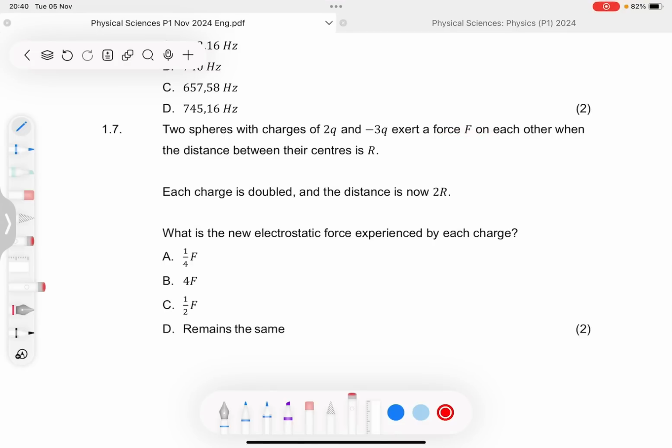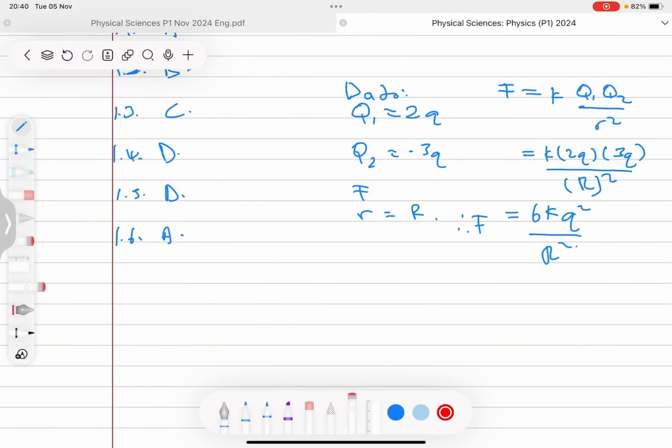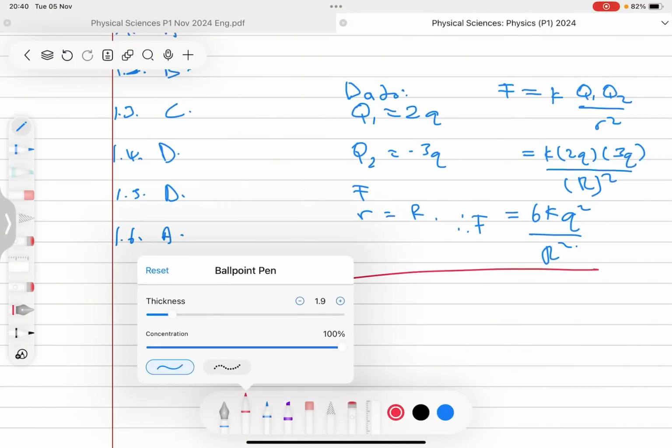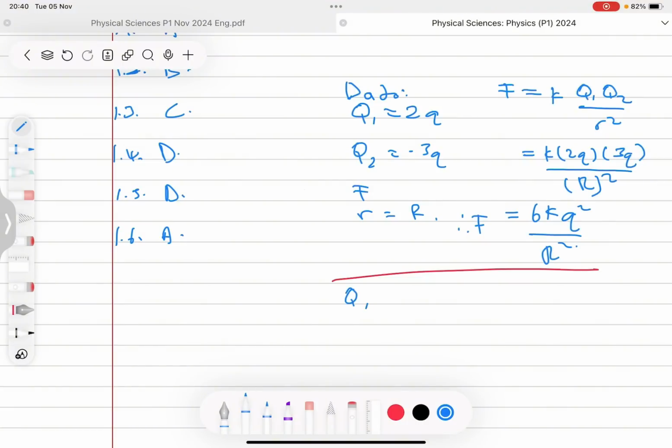Now they then come and say each charge is doubled. Now our Q1 is doubled. If we double this, we're going to say times 2 here is going to give us a 4.